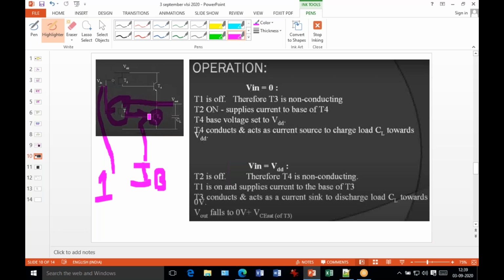Because sufficient current is available at the base terminal. If sufficient current is available, then your lower side T2 transistor is on. If it is on, your capacitor is connected to ground.